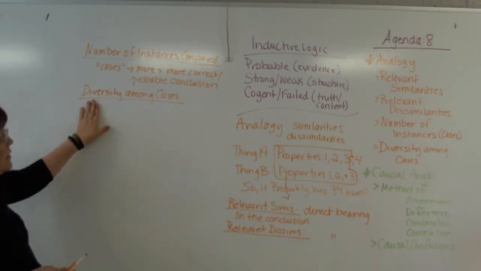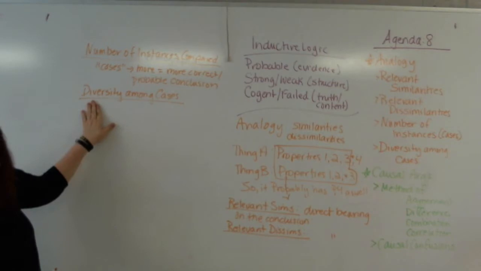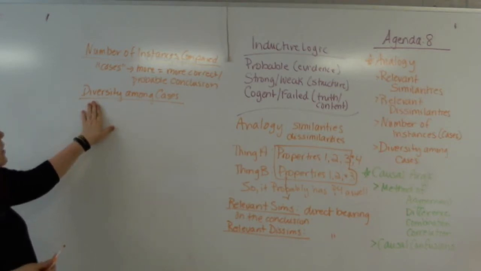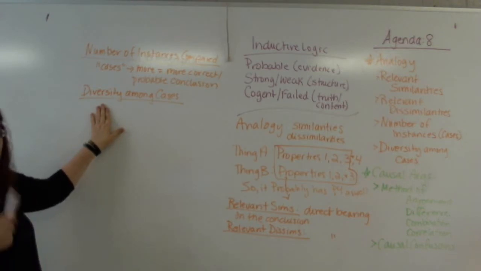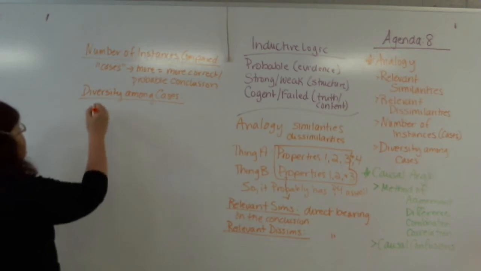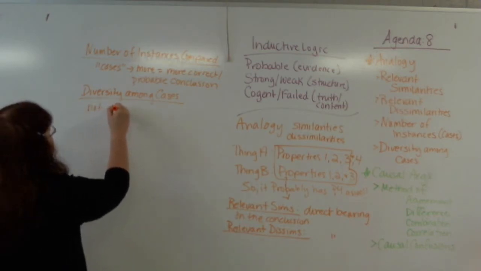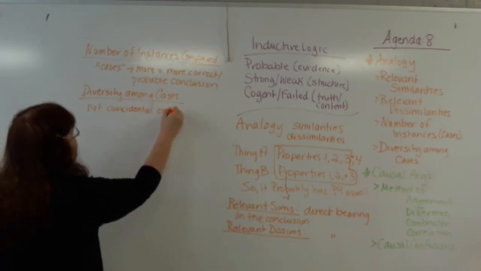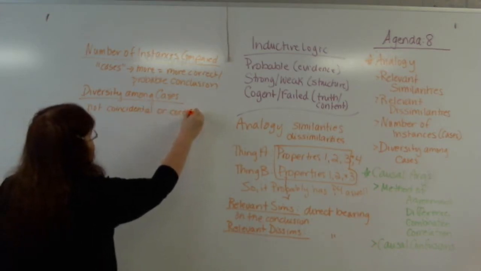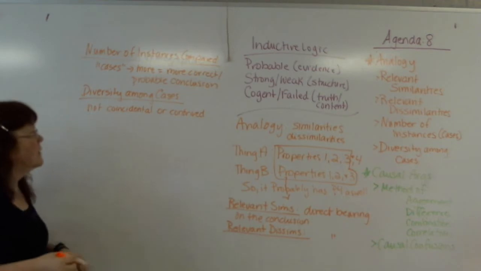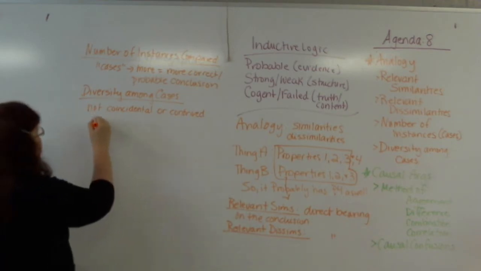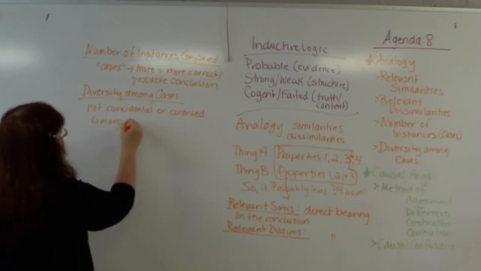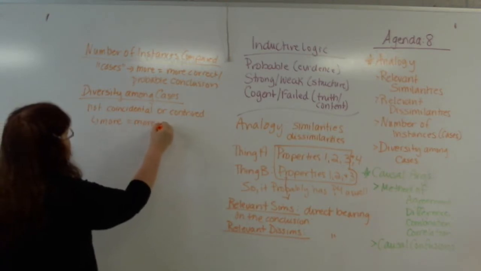One of the things we're looking at is when our differences, this diversity, are not coincidental or contrived. We have not stacked the deck. Then the more we have, the more correct our conclusion can be.